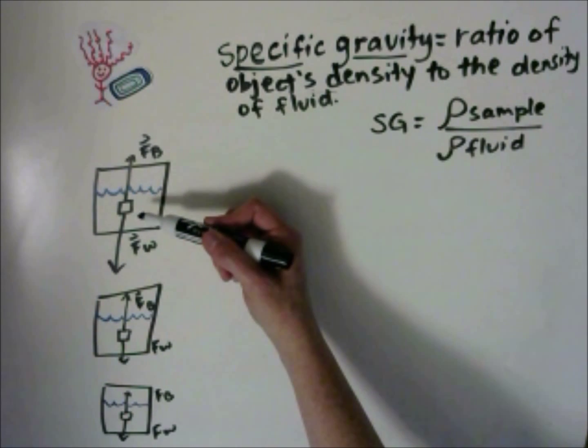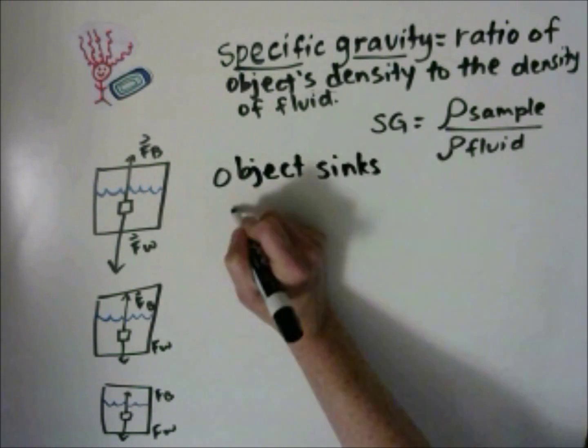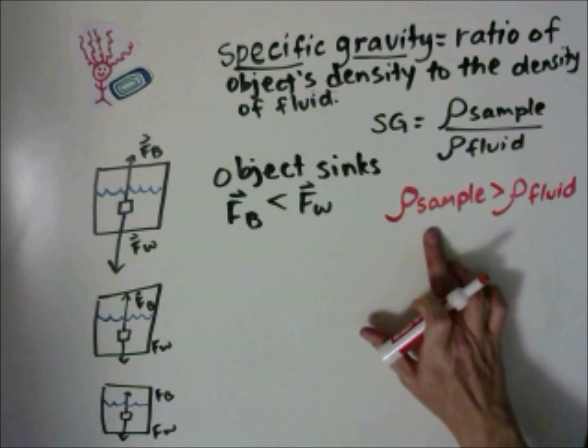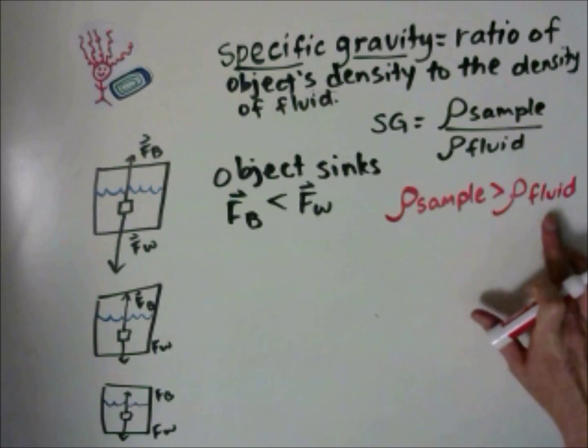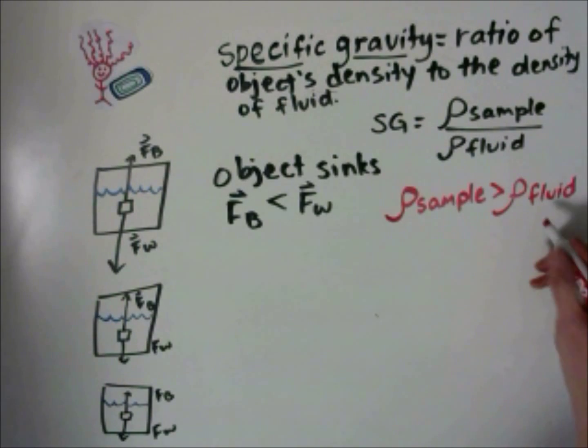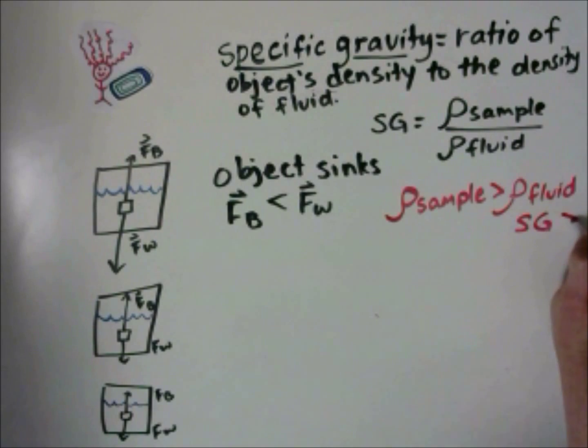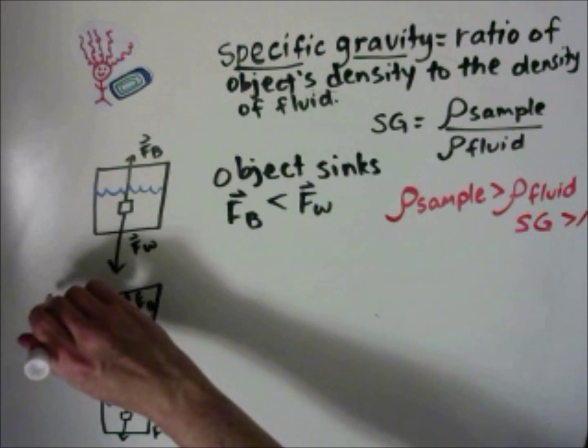So this object will sink. The object sinks because its buoyant force is less than the force of the weight of the object. For this object, it's also true that the density of the sample is greater than the density of the fluid. This means that Sg is greater than 1. When Sg is greater than 1, the object sinks.